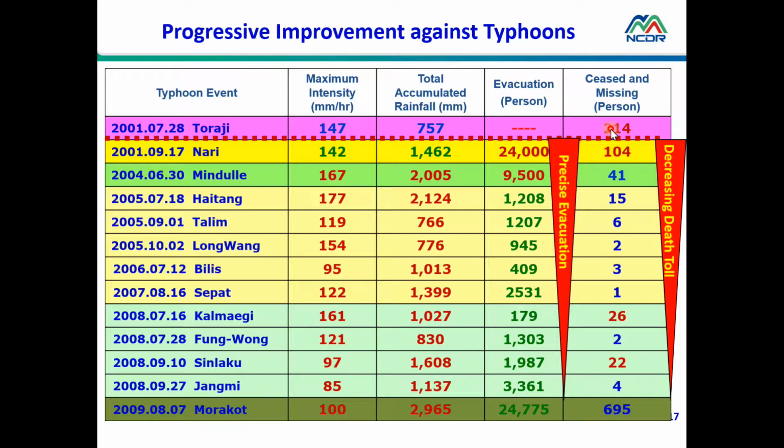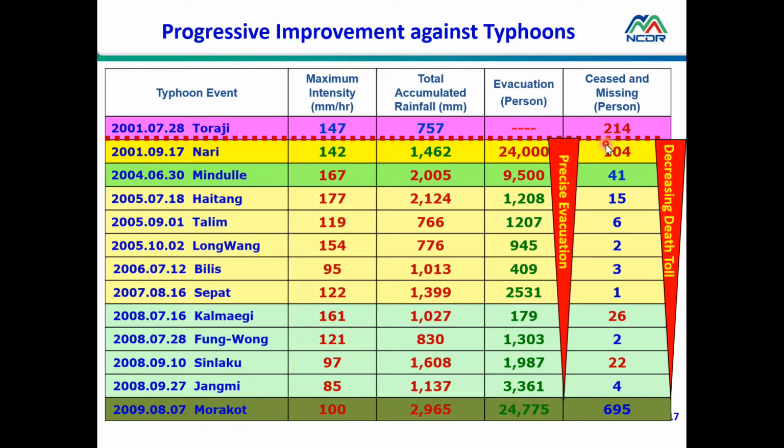After the typhoon, our government received a lot of pressure from the general public. So in September the same year, it was the very first time NCDR joined emergency operation, and the very first time we had pre-disaster evacuation. At that time, we evacuated 24,000 people.